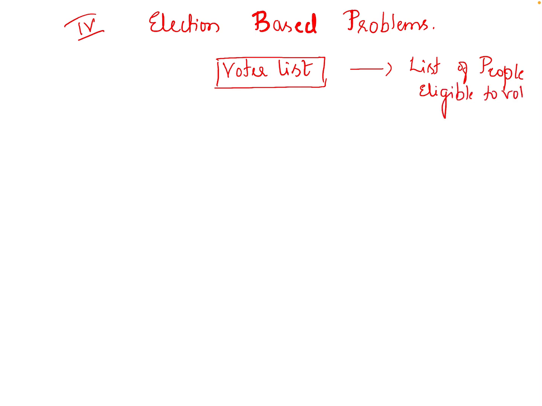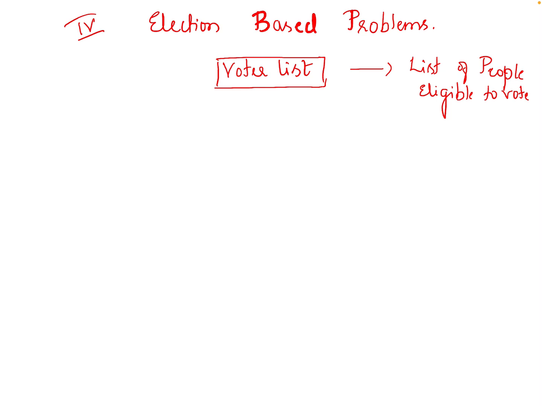Now all people are not eligible to vote, isn't it? If I ask who is eligible to vote, you will say 18 plus people. It's not like that. Not all 18 plus people have a voter ID, isn't it?